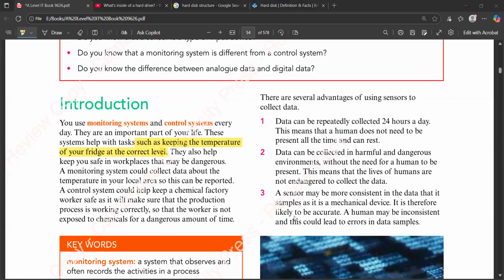I think you can control this, so this is controlling. I would say that this is both. Yes, this is both, because you're monitoring the temperature, and after monitoring it, you're controlling it as well. Your compressor is actually monitoring it and controlling it as well.